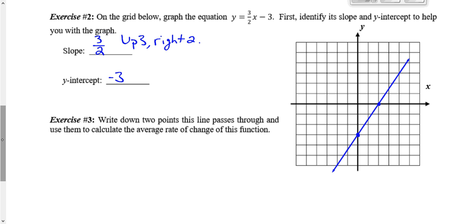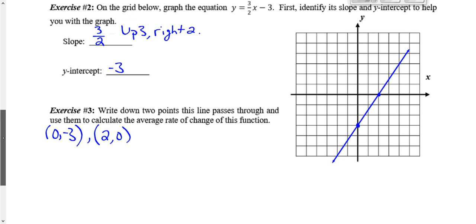What's the coordinates of this point where the y-intercept was? You mean 0, comma, -3? And then we went up 3 to the right 2. What's the coordinates of that point? 2, comma, 0, yeah? You could have used any other 2 points, but I just wanted to pick the 2 that ended up being plotted, right?